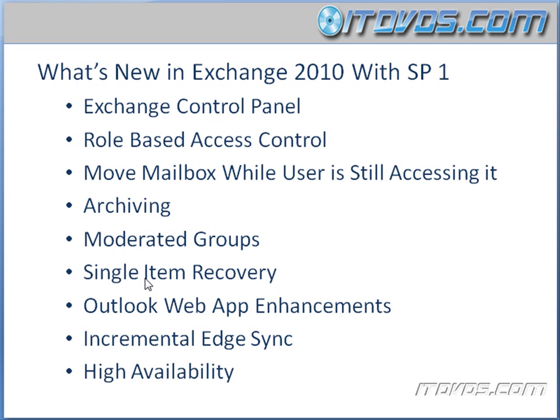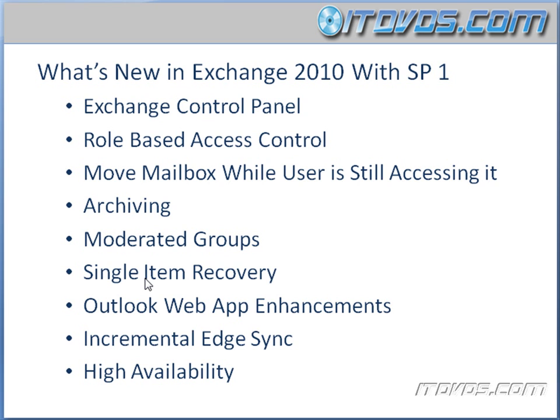Next is single item recovery. With Exchange 2007, users had the ability to permanently delete an email, either by shift delete or going into Outlook, recover deleted items, and deleting it from there. If they did, then we would actually have to go to backup to restore that email if they needed it, whether they needed it or we needed it for legal purposes.